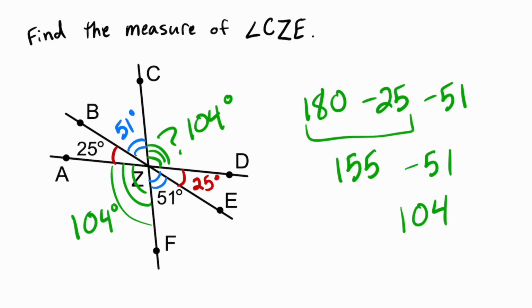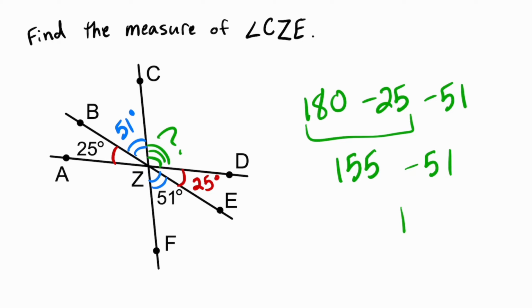So we can use these angle relationships in all kinds of ways to find these missing angles. It's also worth noting here that we could have used, rather than using this line here to find angle CZD, we could also have looked at it like this line, and this angle plus this angle plus this angle also add up to 180.